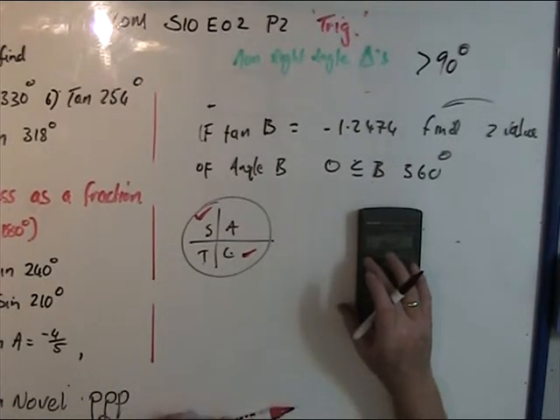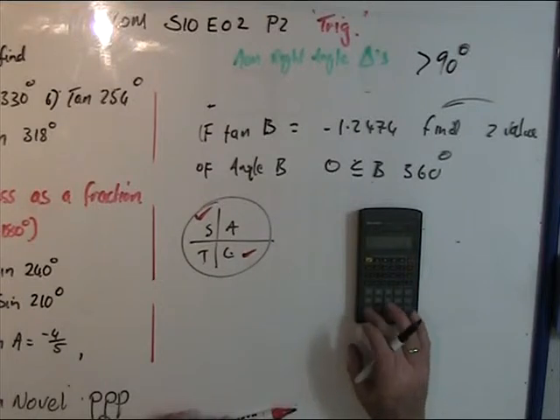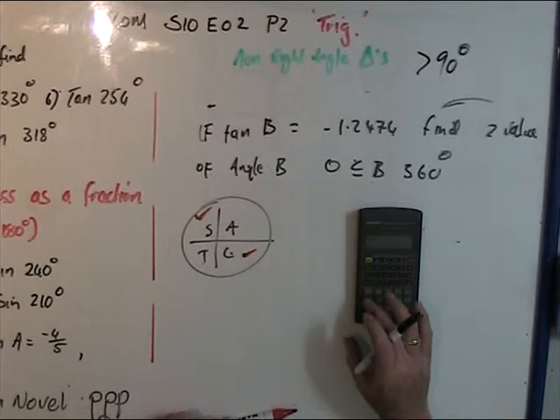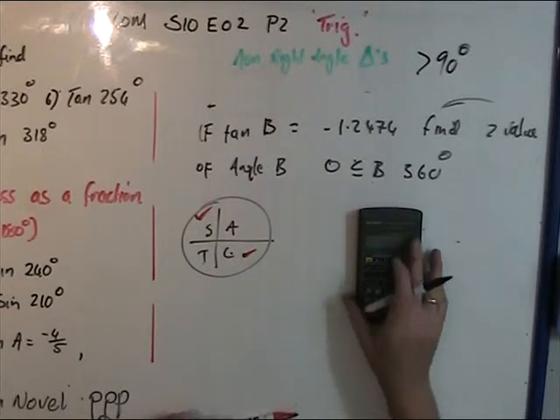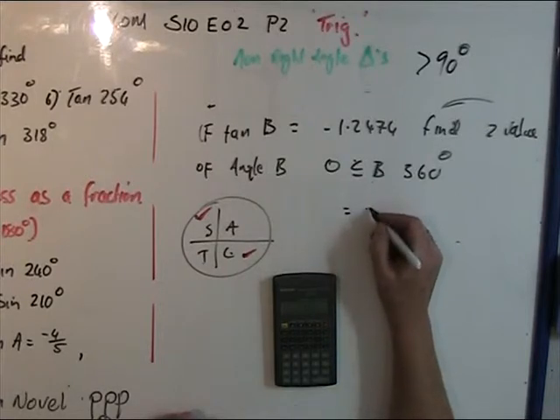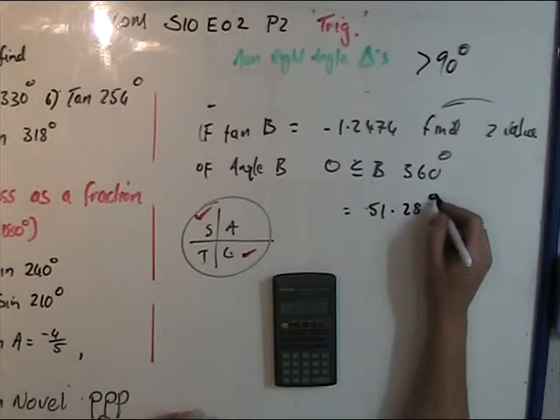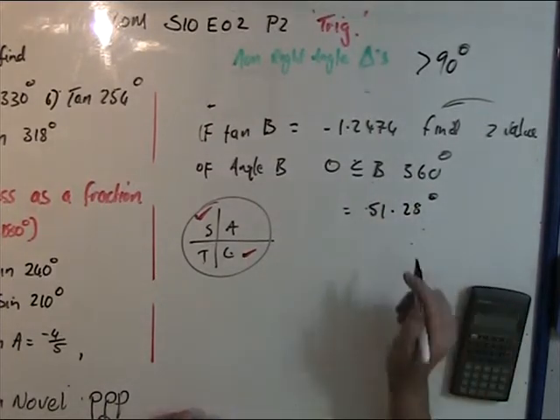I inverse it, tan inverse of 1.2474. Because it's a minus, the answer is 51.28 degrees. That's my angle.